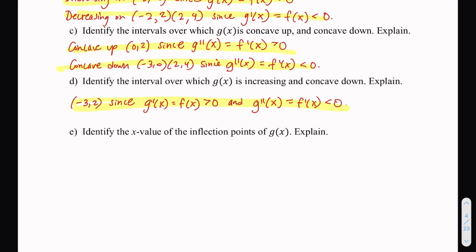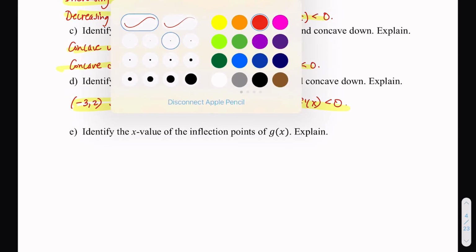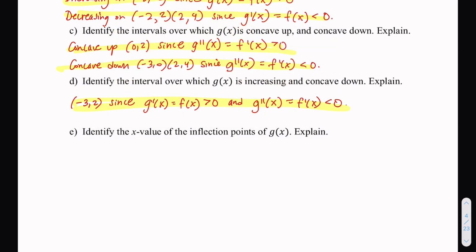Part E, identify the x value of the inflection points of g of x. So we know that inflection points occur where the second derivative switches signs. That means that g went from concave up to concave down, or concave down to concave up. So we need to have a sign switch.